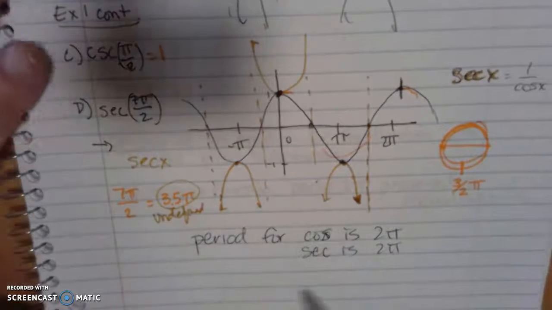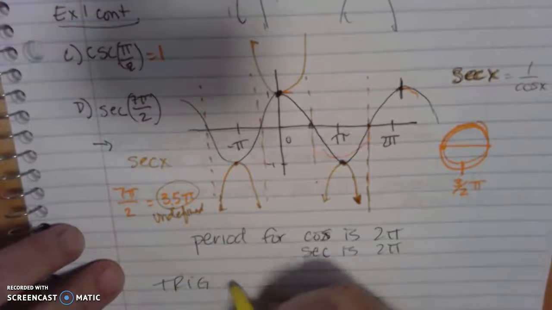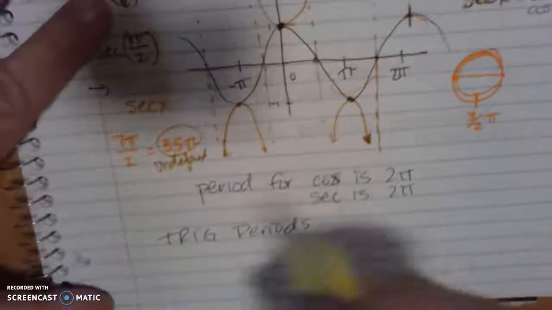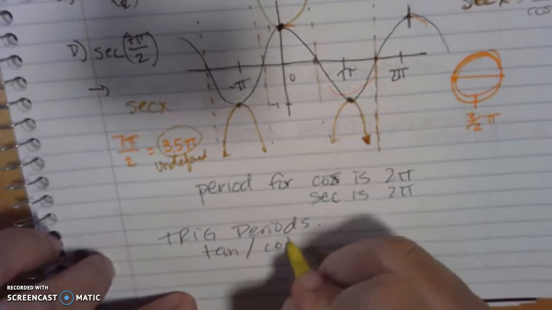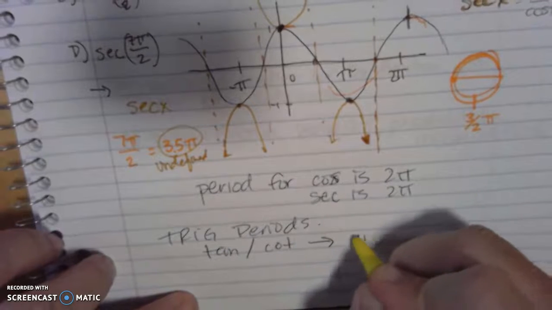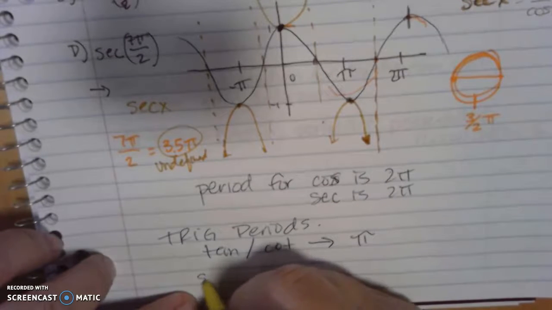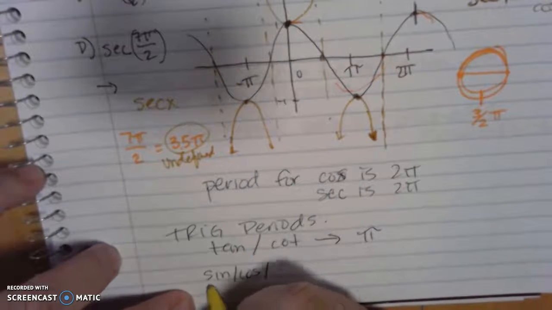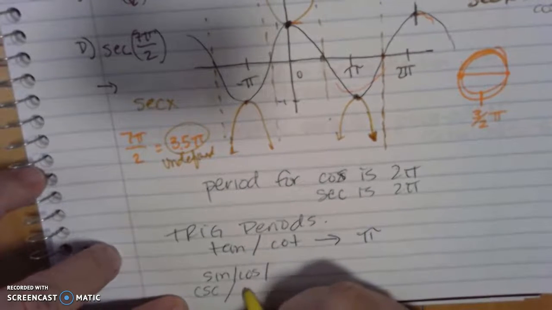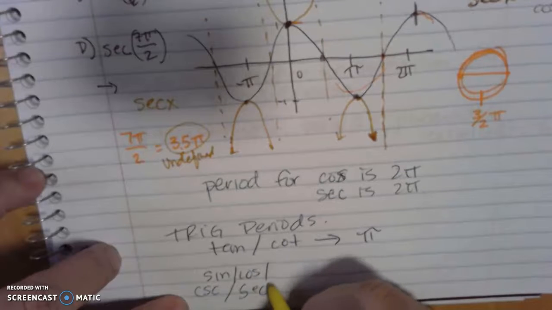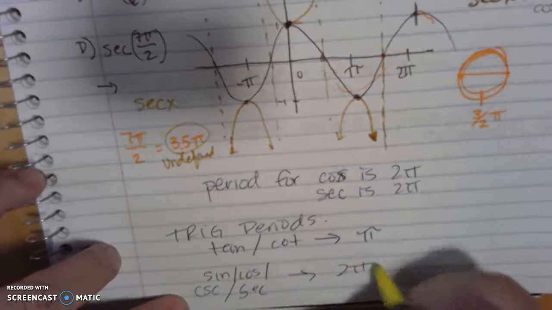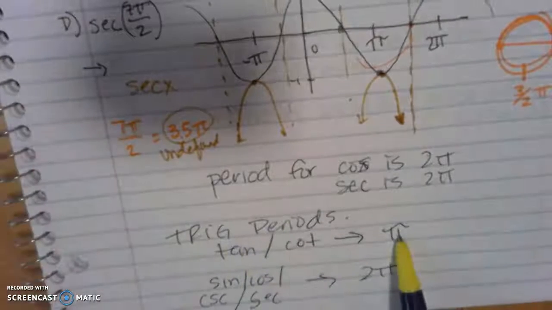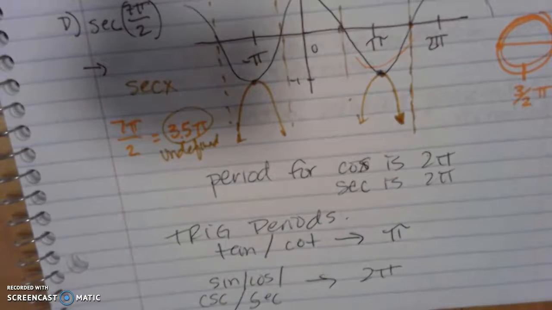So notice for your trig functions, tangent and cotangent is 1 pi, but all the others, sine, cosine, cosecant and secant, those are all 2 pi. So if you can just remember that the periods for tangent and cotangent are pi, and all the others are 2 pi, you'll be golden.